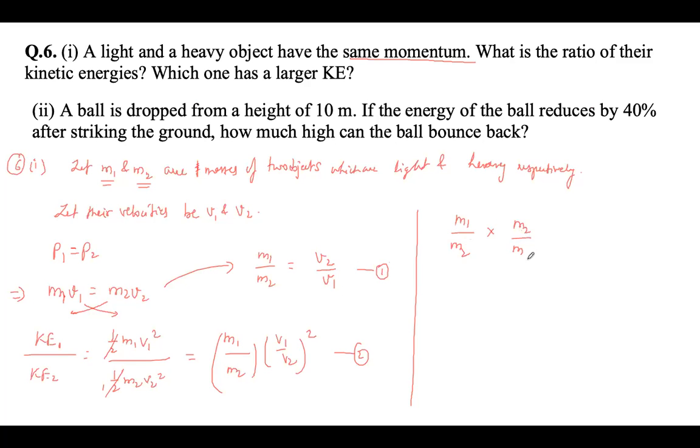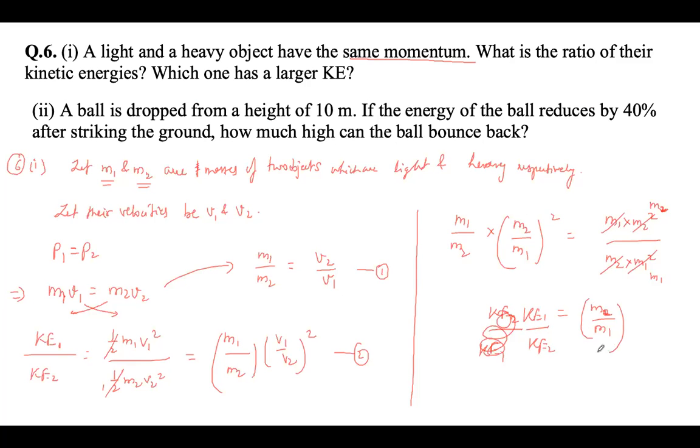So we'll write m2 by m1 whole square. So this becomes m1 into m2 square by m2 into m1 square. So this gets cancelled, m1 बचेगा, m2 और यहाँ पे m2 बचेगा. So this is equal to m2 divided by m1, right? So the ratio of kinetic energy is equal to mass m2 divided by m1.